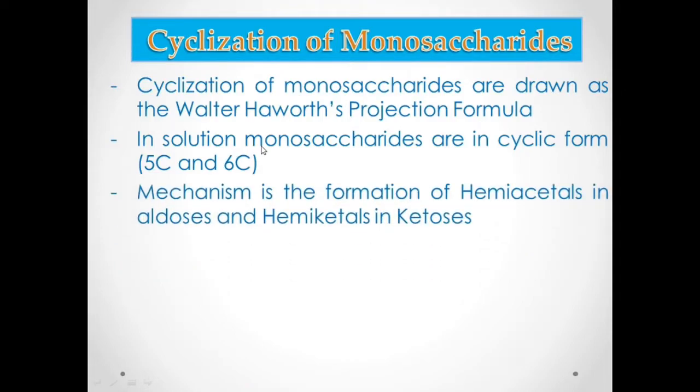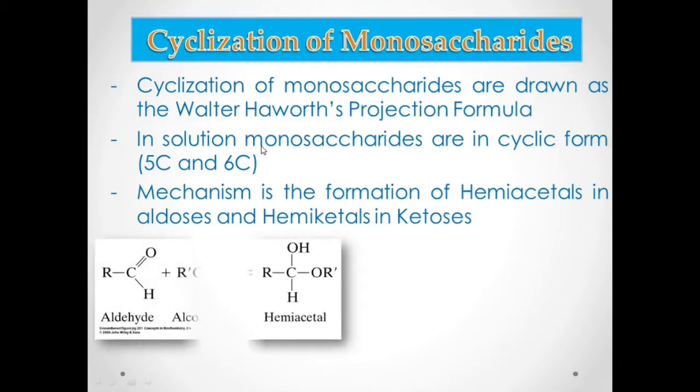The mechanism of the Walter Haworth's projection formula is the formation of hemiacetals in aldoses, while hemiketals in ketoses. Review in your organic chemistry that a hemiacetal is the reaction between an aldehyde and an alcohol to form a hemiacetal organic compound. Remember that your aldoses have an aldehyde functional group, and also an alcohol functional group.